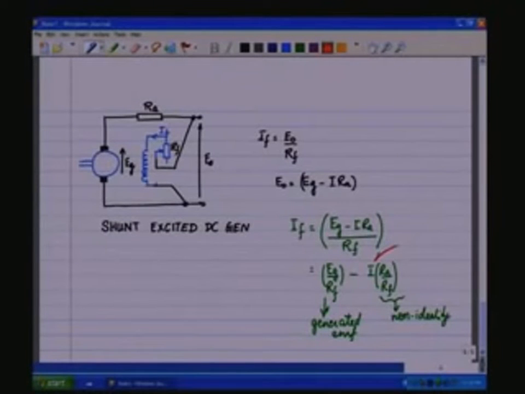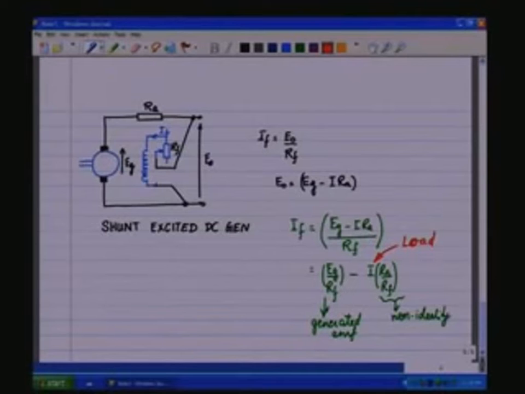So, the variation in the load is going to cause a variation in IF, which means the flux here. Now, the flux is directly also going to affect Eg, which is going to affect your regulation. Therefore, the regulation in the shunt machine is going to be much poorer.